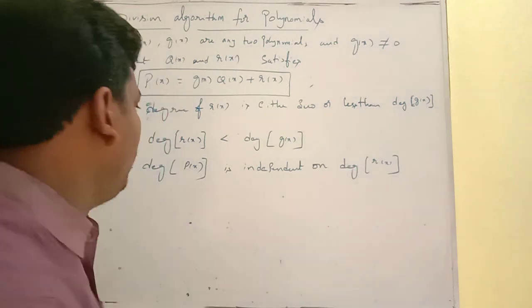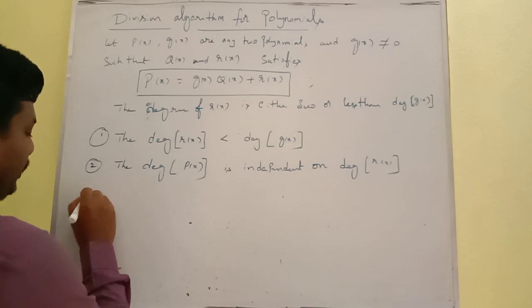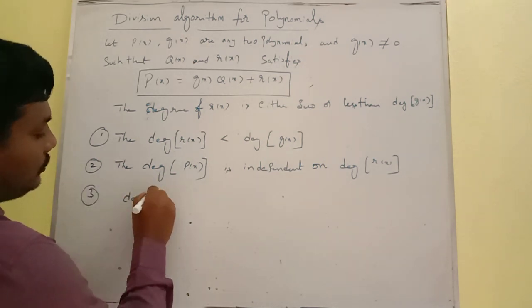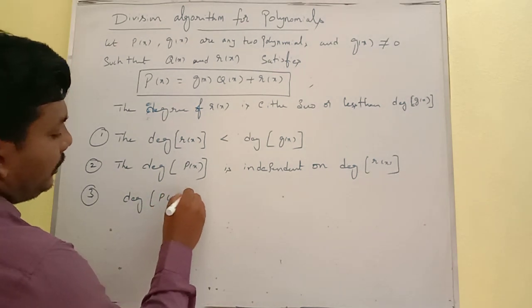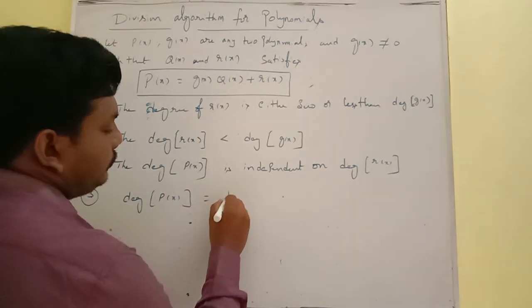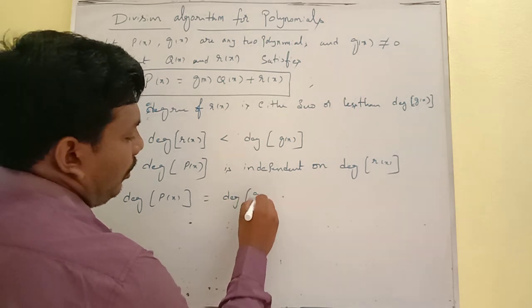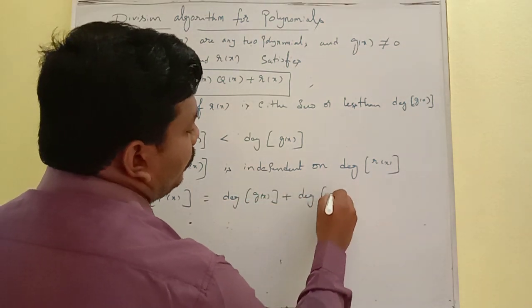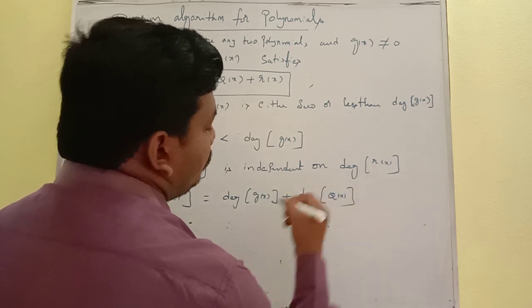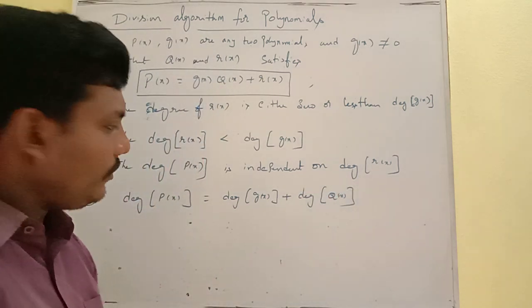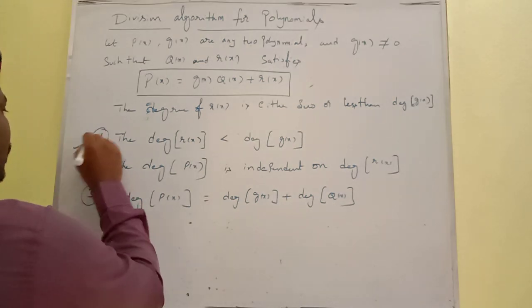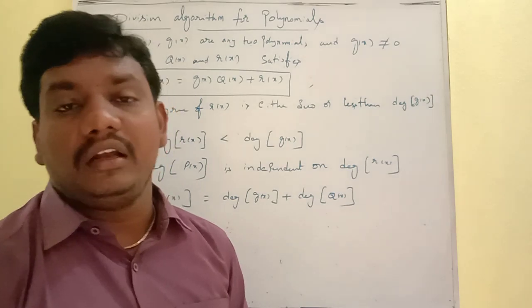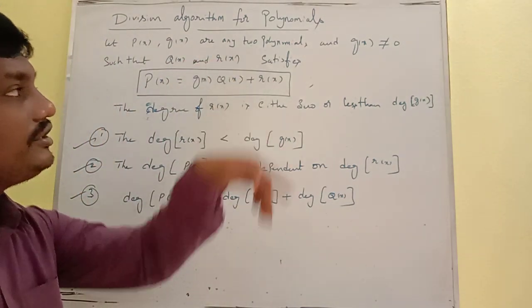The third point we have to remember is the degree of p of x is equal to degree of g of x plus degree of q of x. Okay, these 3 points we have to remember to write the examples of polynomials which satisfy the division algorithm.